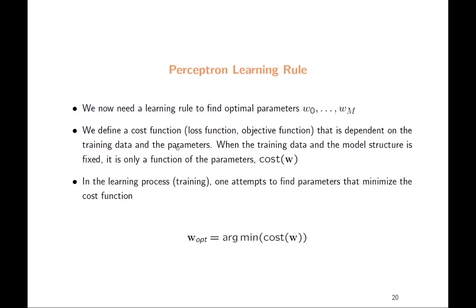With the model structure fixed, and the training data also fixed, everything becomes a function of the weight vector W. In training, we are trying to find the parameters that minimize the cost, which is defined on the training data. And this is our best estimate of W. So it's called a point estimate. We are really committing to one solution. So we want to minimize this cost function.